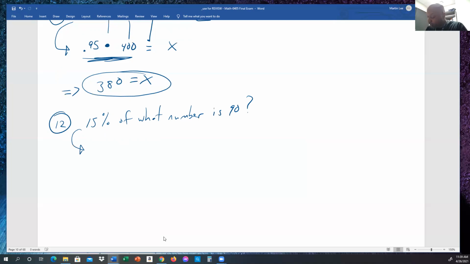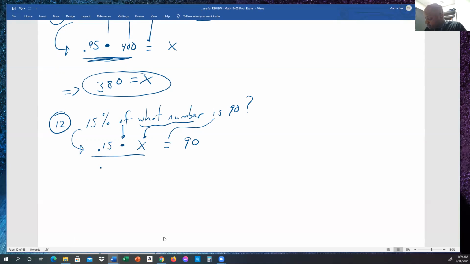Okay, let's translate this. 15% as a decimal is 0.15. Of means to multiply. What number? We'll call that X. Is means equals 90. So we have 0.15 times X equals 90.